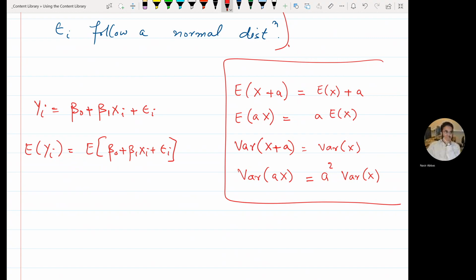True? Now in this one, what am I saying? I'm saying that this is a fixed quantity, a constant. And this quantity, I have fixed levels. All of this part is fixed. What is the variable part? Only epsilon. Use this property.